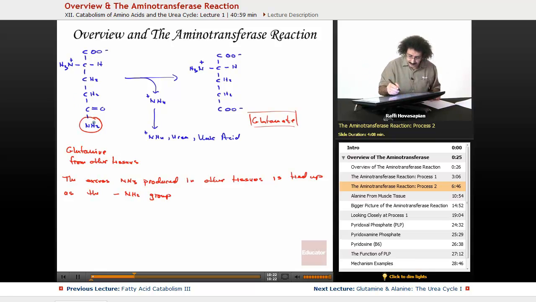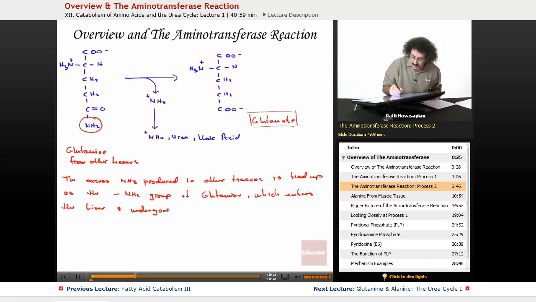It's this NH2 group of glutamine, which enters the liver and undergoes the above process. So again, glutamate is very, very central here.